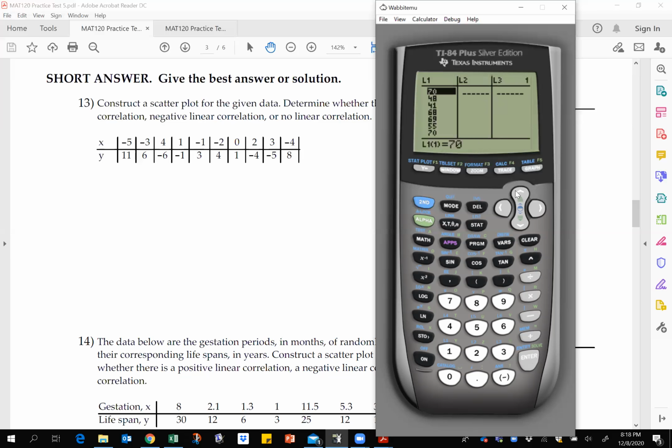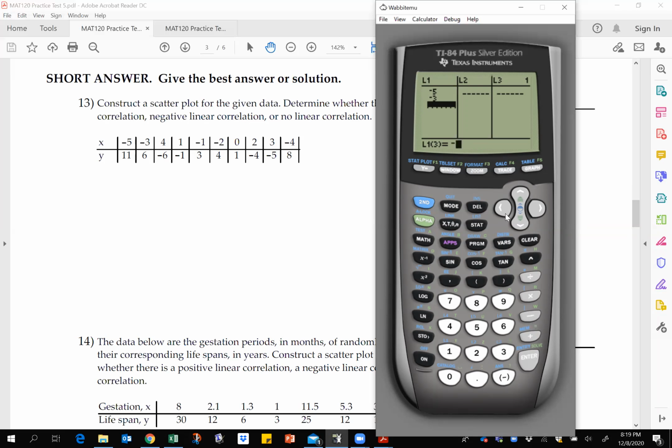So I hit edit. I'm going to go ahead and clear this off. And now I'm going to input my X values. So -5, -3. When you're putting your negative numbers in, make sure you're using the negative symbol down here. Don't use the subtraction symbol, or you'll get a syntax error.